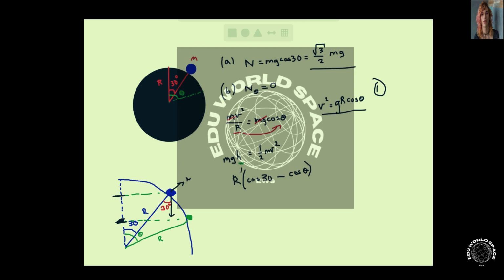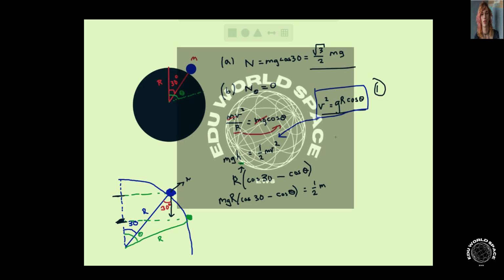So we can plug this in for h and say that mgr (cosine 30 minus cosine theta) is equal to 1/2 m. And what we can do now is plug this expression for v squared into here to eliminate this unknown.